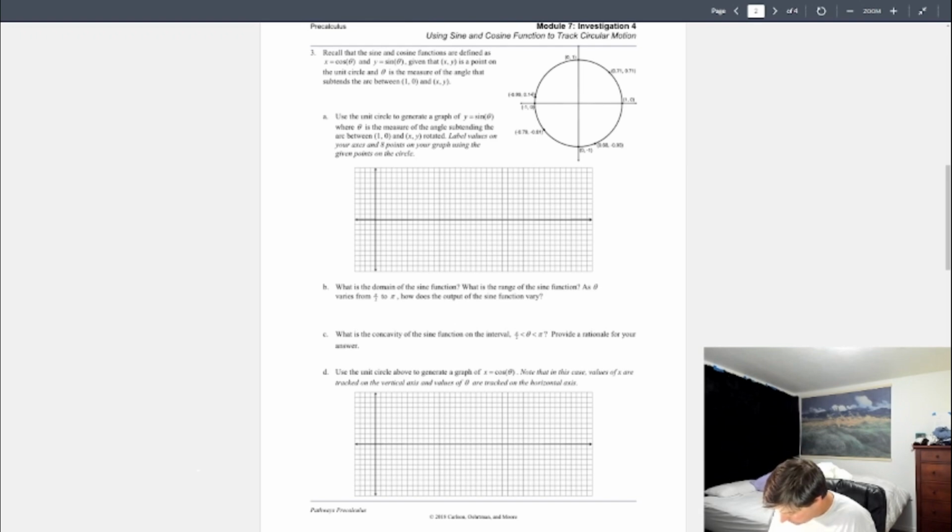Use the unit circle above to generate a graph of cosine. Okay, I'm chilling. I'll be writing a graph for that. As theta varies from 0 to pi over 2, how does cosine vary? Goes from 1 to 0. Let's see.